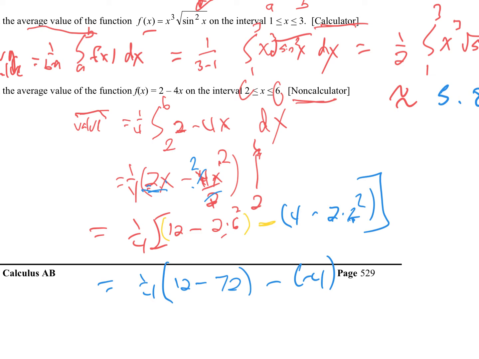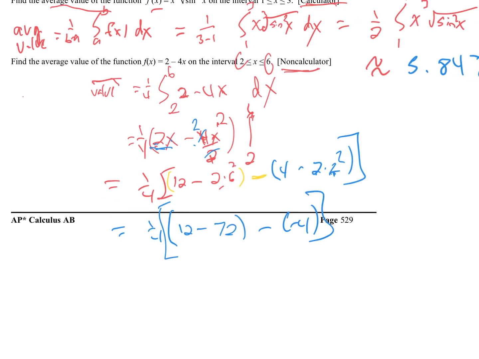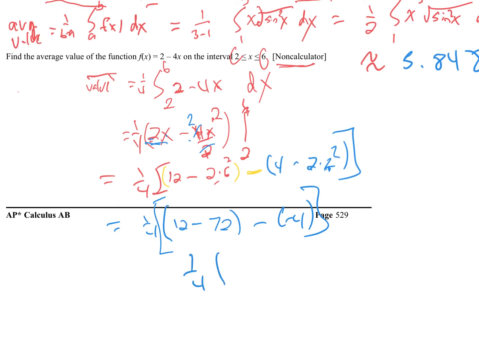So I have 1/4 of all of this, which turns into 1/4 of 12 minus 72, which is a negative 60. Minus a negative 4 is a plus 4. So I hope the average value is approximately negative 60 over 4, which would be a negative 15.